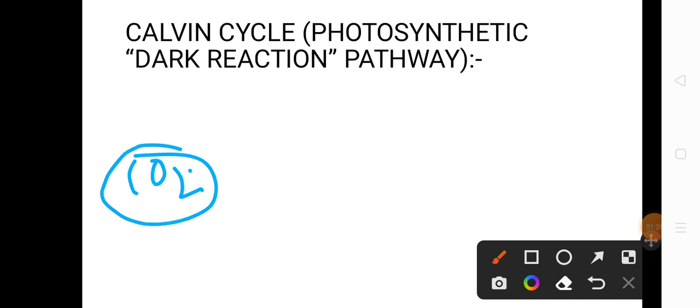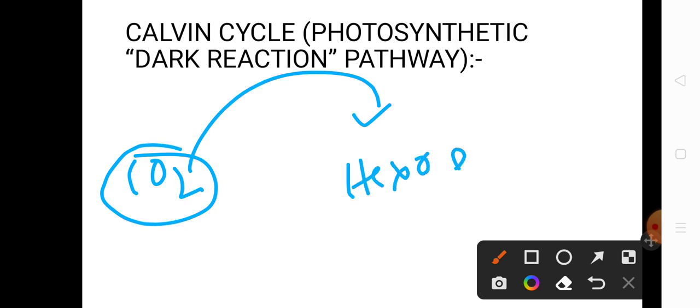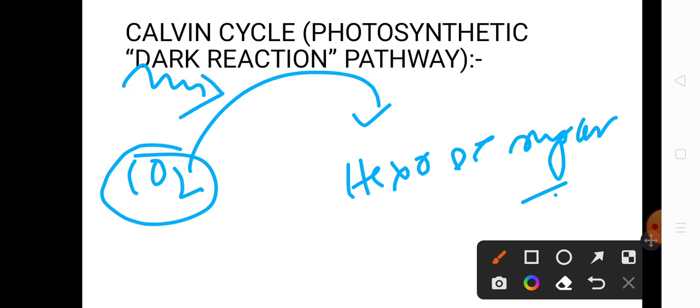Now the first question which should come to our mind is, why the Calvin cycle? The Calvin cycle is used to fix CO2 and to reduce it to form hexose sugar or carbohydrate. Okay, now the next question that should come to our mind is, what will be the driving source, or what will be the energy that will drive the reaction?